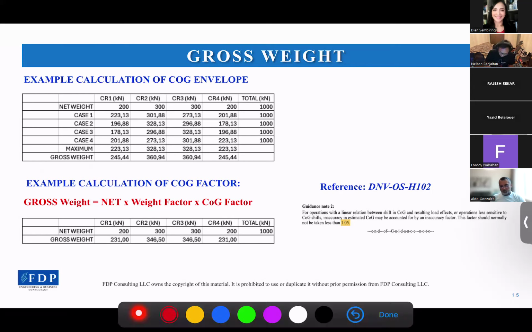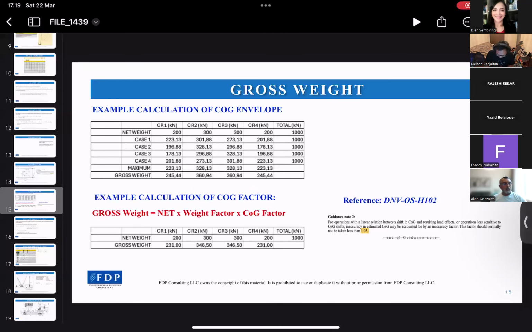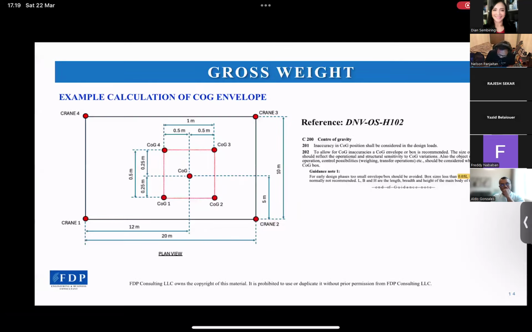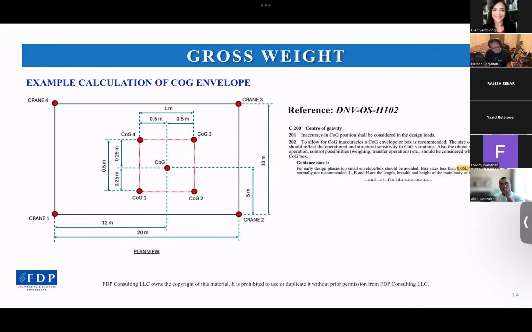So first we need to know how to calculate the crane reaction based on the COG. Actually, it's not in this class to explain this, but I will explain how to calculate that.